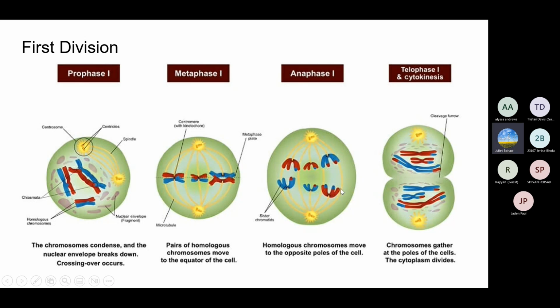So you're seeing pieces of each other, and then they now are going to be separated. So you have one set of chromosomes going on the opposite end and the other going below. So they have been separated and they are moving to the opposite poles.